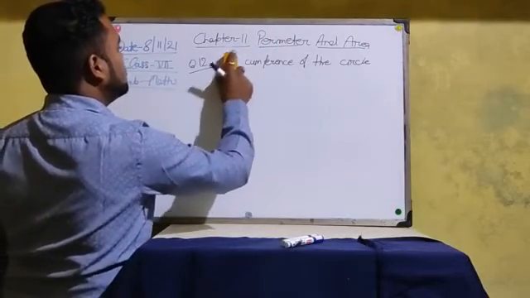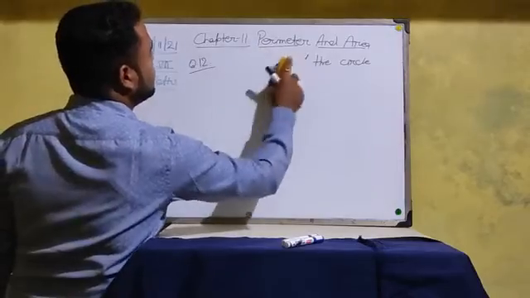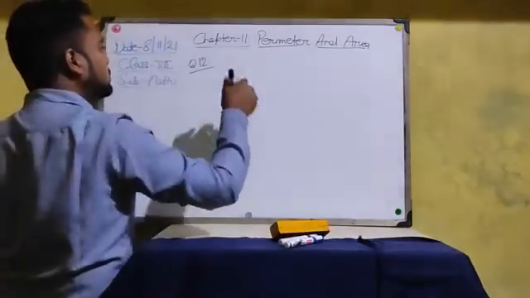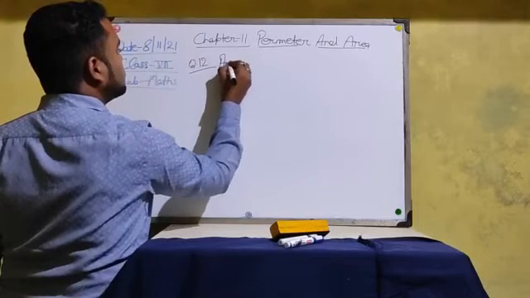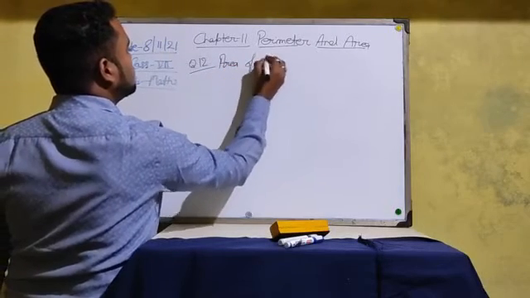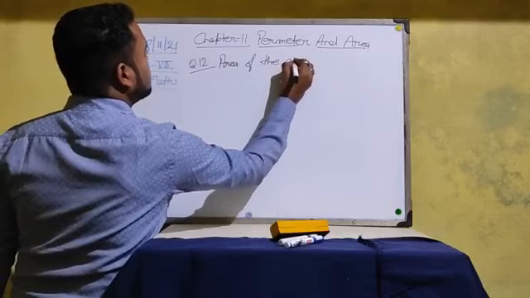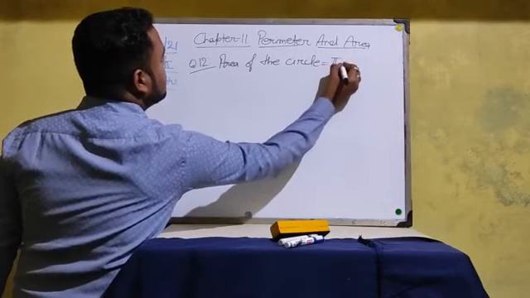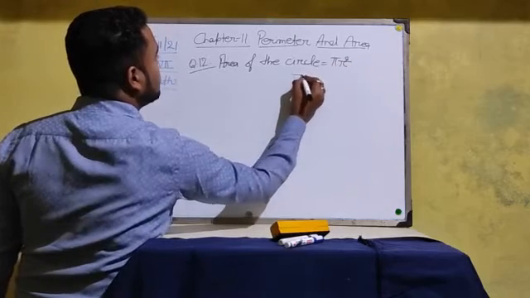Here as we calculated its radius, now we can calculate its area. Area of the circle, formula is pi r square.